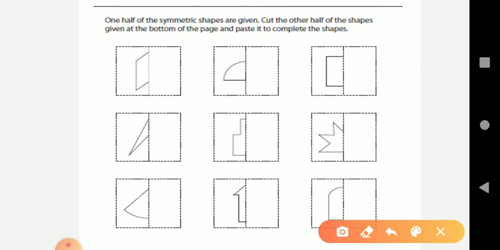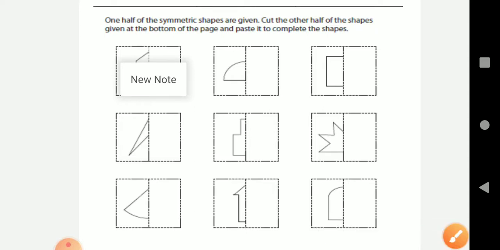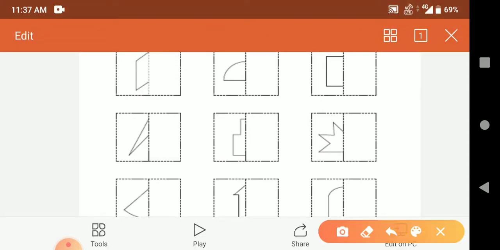Look at the half part. It is given like this. Okay, so you try it with the help of a pencil in your notebook.